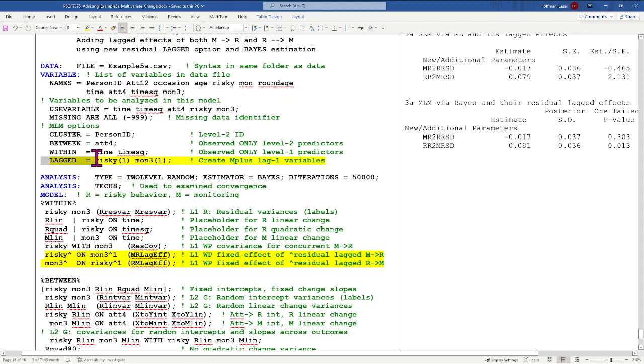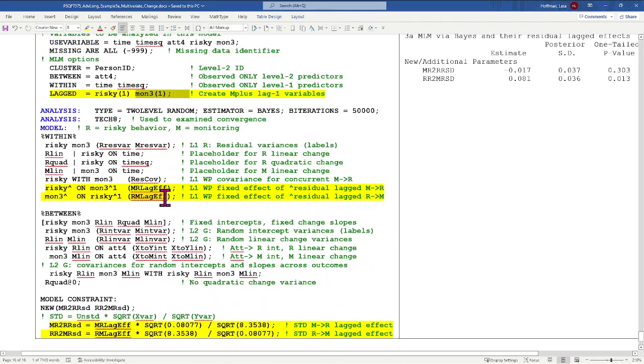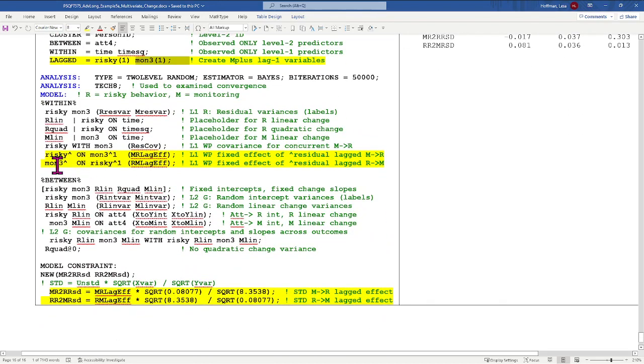I'm specifying within my long form multi-level model here a lagged command saying I'd like to have risky behavior at lag 1 and monitoring at lag 1 as variables that I can then access to use in my model. And I'm using them down here in the within model via this caret, the thing above the 6 on my keyboard. That indicates the within person part of the previous occasion.